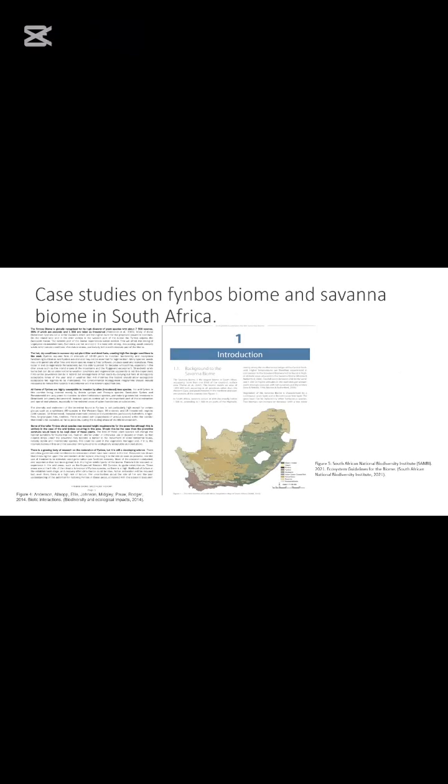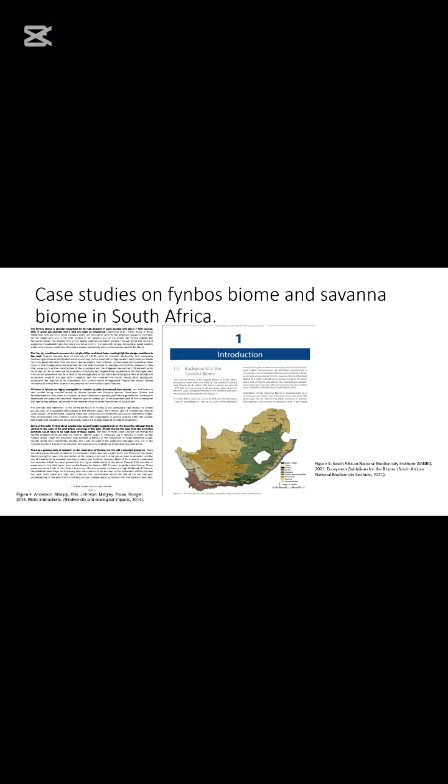Now, I want us to go into the case studies for the South African biomes. In South Africa, we are going to look at 2 specific case studies, namely the fynbos biome and the savanna biome.